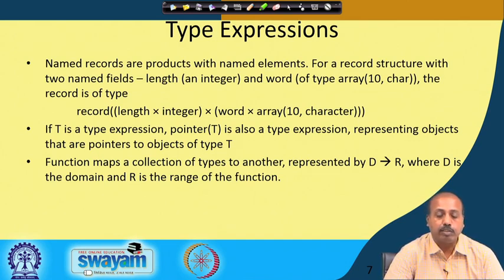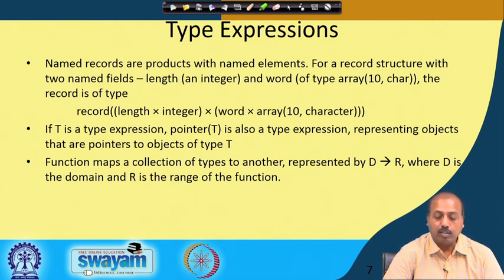For a record structure with two named fields, length and word, where length is an integer and word is an array of 10 characters, the type is record, with length cross integer, and word cross array 10 character.